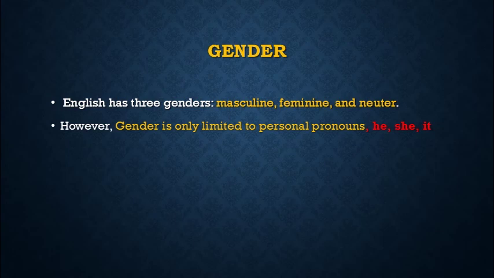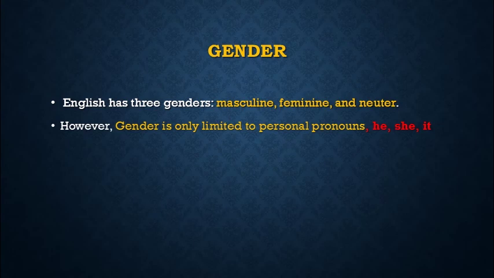Is it really a woman, really feminine, female? Is it really a male? Is it really an inanimate object, something that is not alive? So here we will have these three genders in English: masculine, feminine, and neuter.